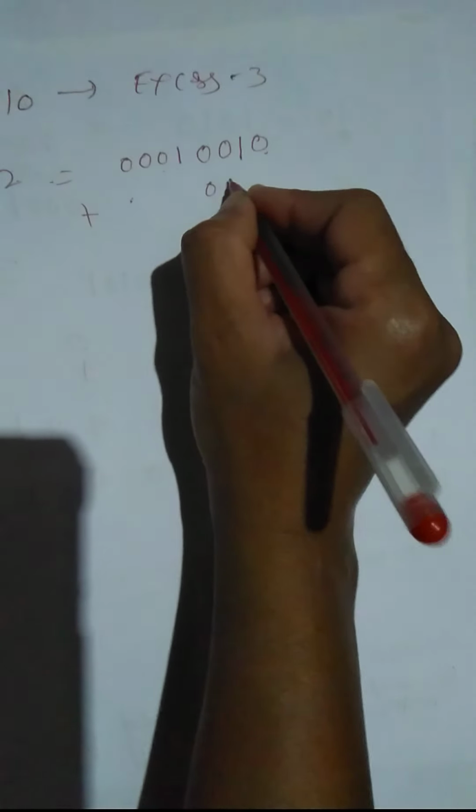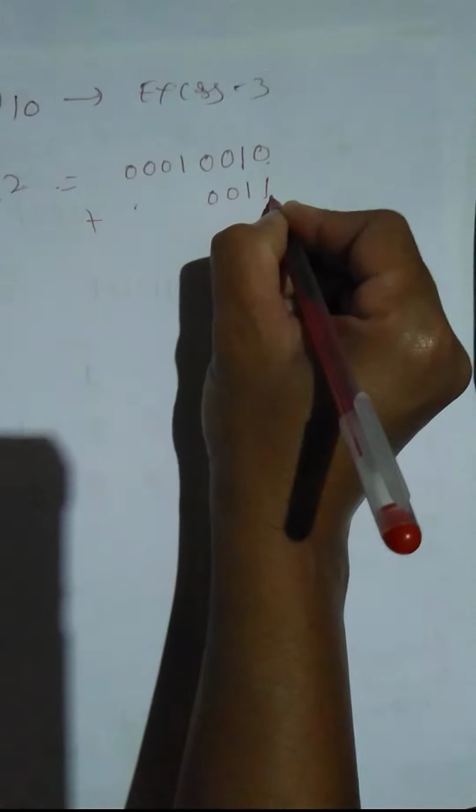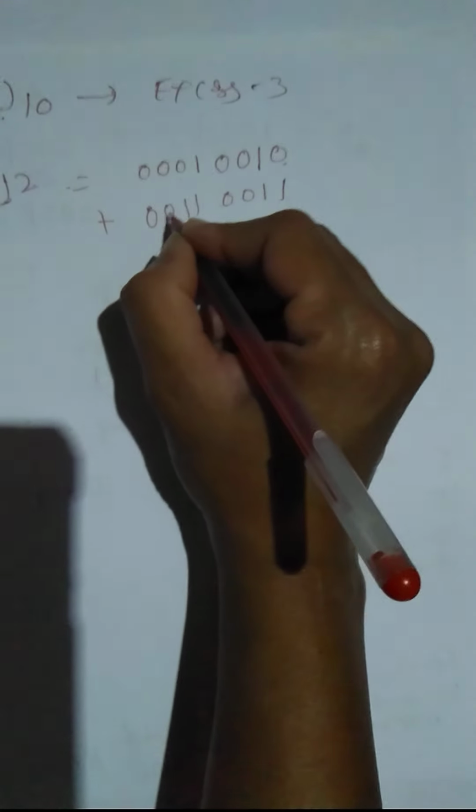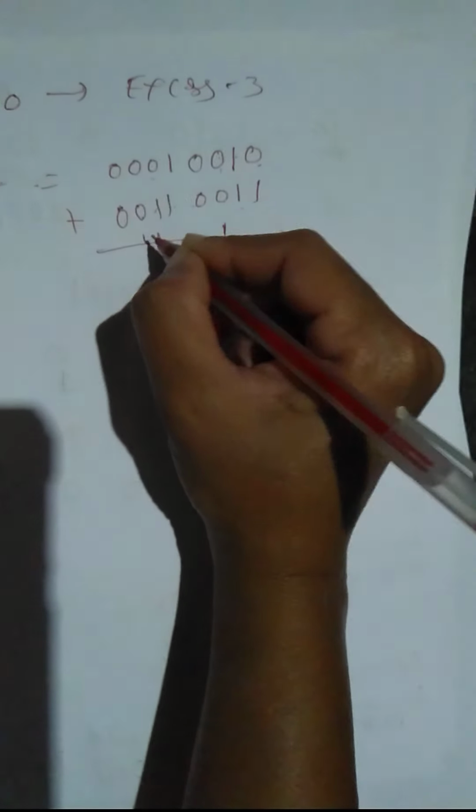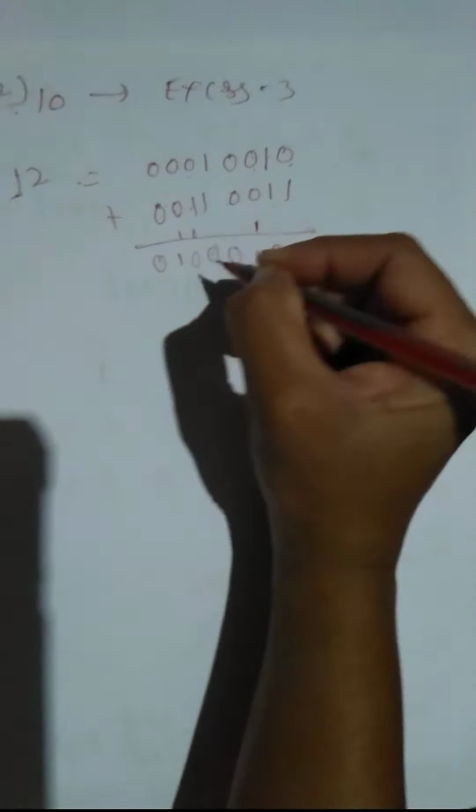So 0011 is the number 3, and we add it to each digit. 0001 plus 0011: 1 plus 1 is 0 with a carry, 0 plus 1 plus carry 1 is 0 with a carry, then 0 plus 0 plus carry 1 is 1, and 0 plus 0 is 0.